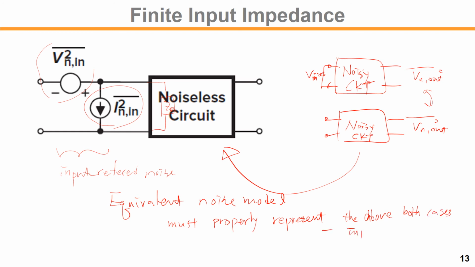Either the input is open, or let's write down, the input is shorted to GND, or the input is open. In both cases, we must have the same output noise voltage, right?